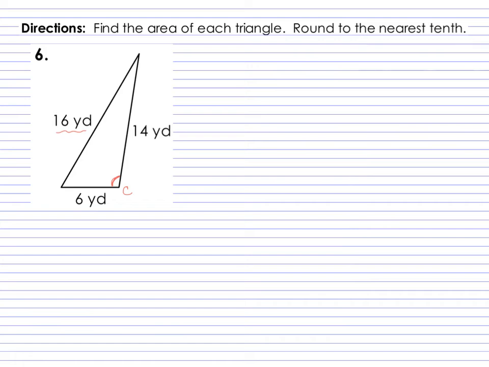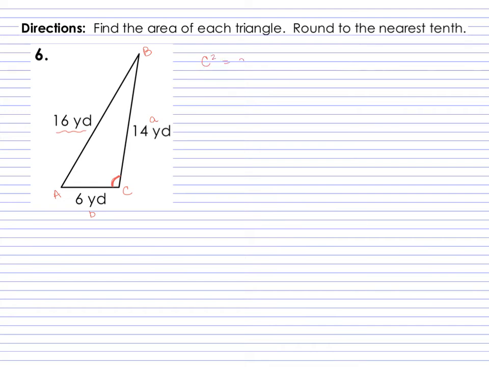We use the equation area equals 1/2 ab sine C. So I'm going to just make that my angle C right away. I want to find the biggest angle. From there, it doesn't matter. I'm going to call this A and I'm going to call this angle B, making my 6-yard side B and my 14-yard side A. So again, we are looking specifically for angle C. So to use our law of cosines, we're going to use the c squared formula.